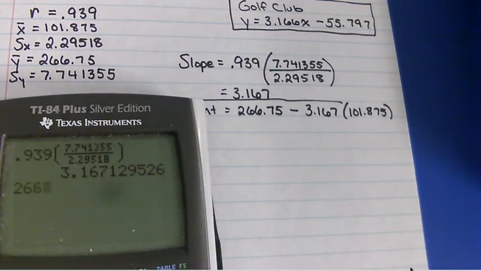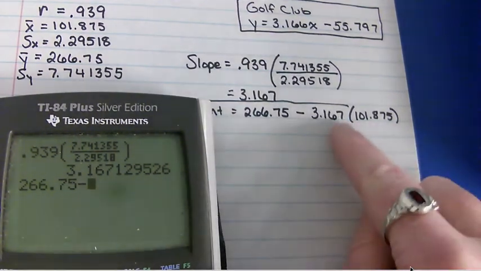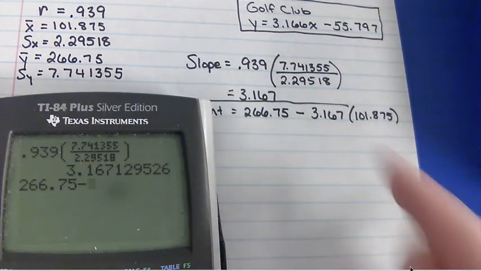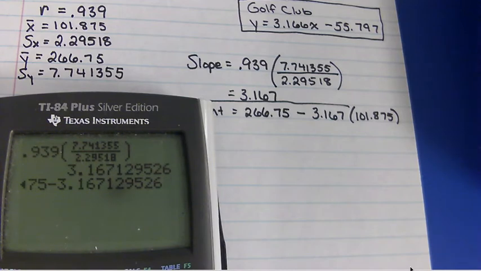So 266.75 minus, now instead of using the rounded version of the slope, I'm going to up arrow and use the whole thing, times 101.875 to get a little bit closer on accuracy.